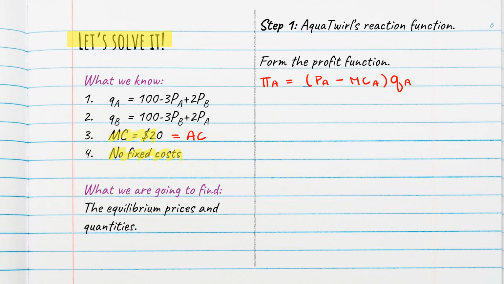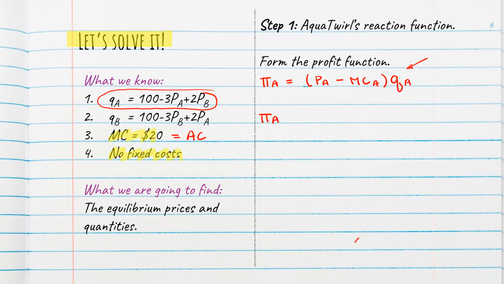Okay, well, I said I wanted to write profit down as a function of prices only. I'm not there yet because I have this pesky Q hanging around right here. But lucky for me, I know how to write AquaTwirl's Q as a function of prices using their demand curve. So in place of Q, I'm going to fill in what I know.